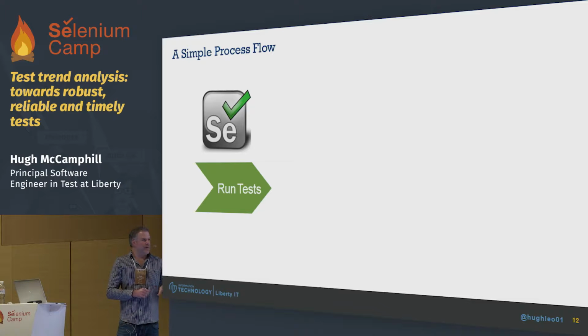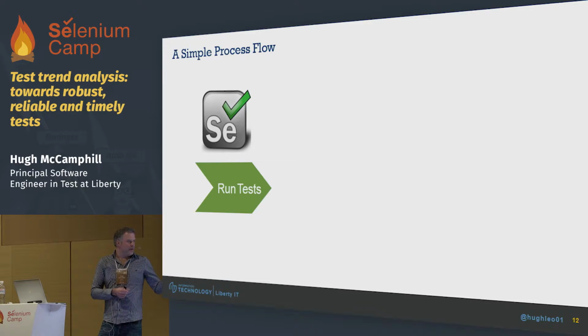So we have an in-house .NET Selenium framework. And the exact specifics of this will obviously depend on your own implementation. The nice thing about the current approach I have is that it's language agnostic.